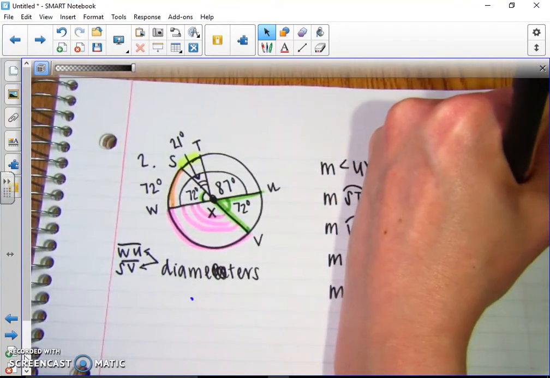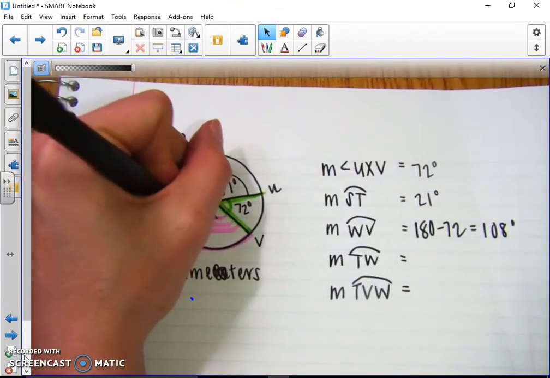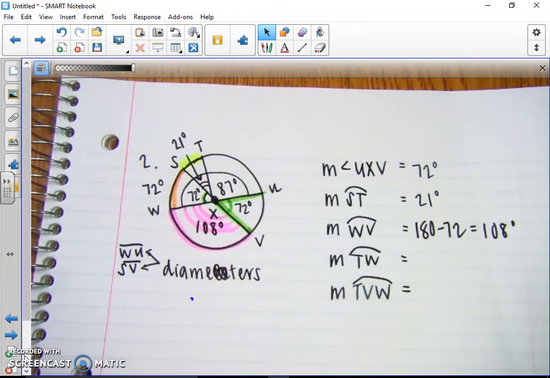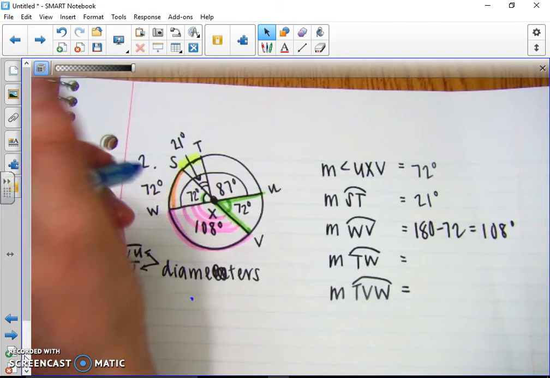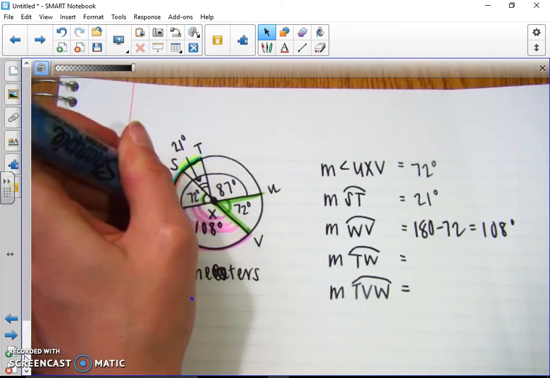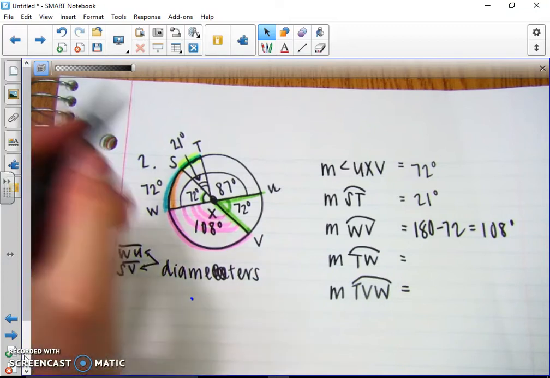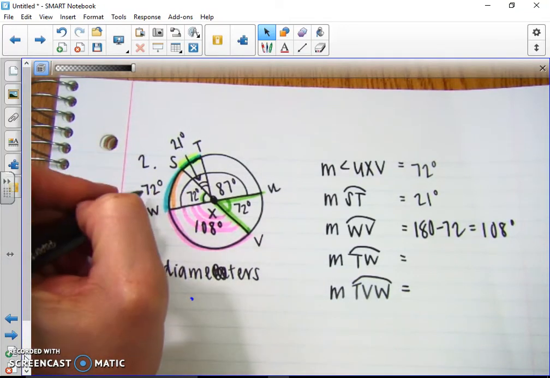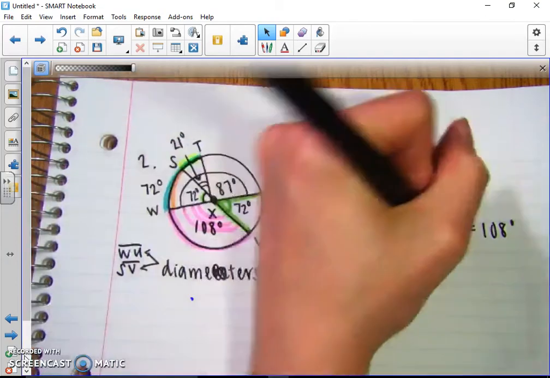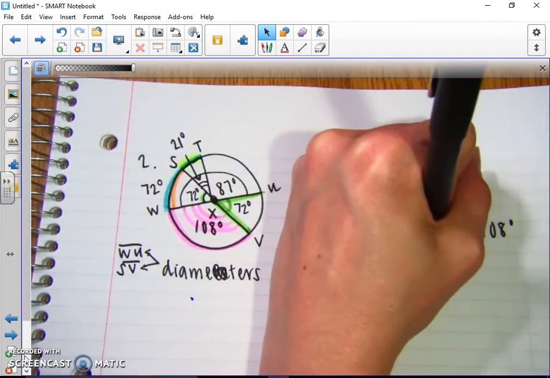You get 108. So this is 108 degrees. Okay, then they're looking for TW. So TW is the sum of 21 degrees and 72 degrees. So what's that, 93 degrees?